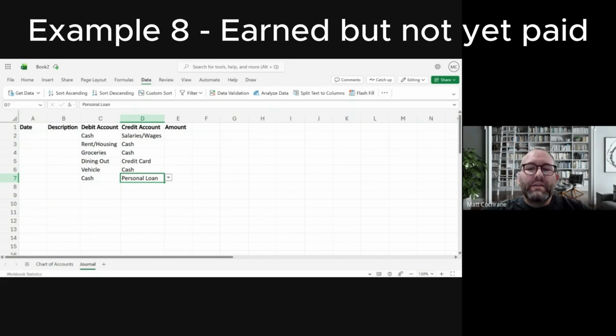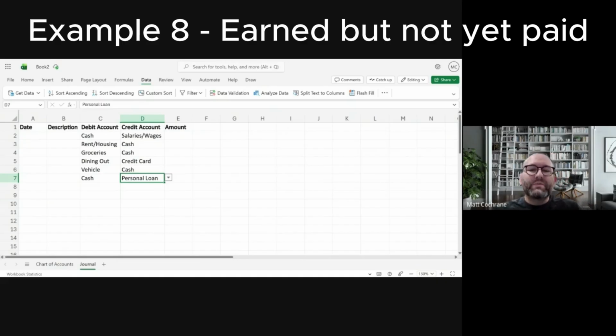In these cases, if you're doing contract work for individuals, so you run your own business, then you may run into a scenario where you've done the work at the end of the month, but you have not yet collected, and maybe you're going to collect at the beginning of the next month, hopefully.